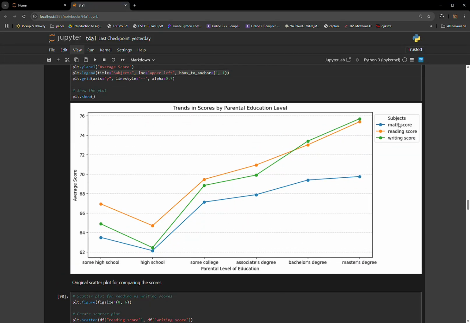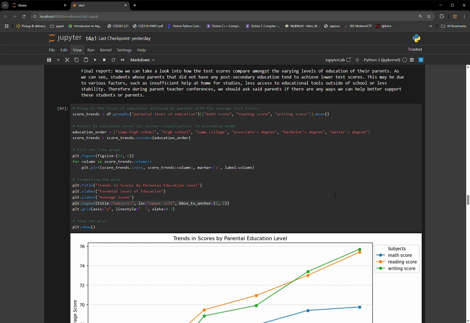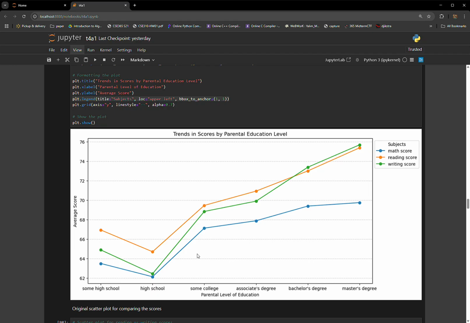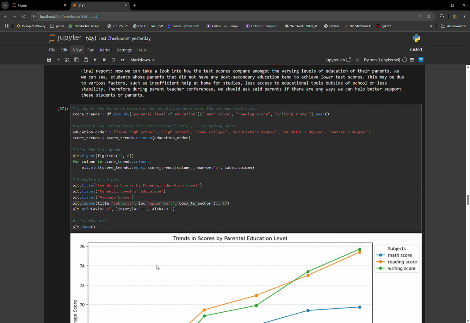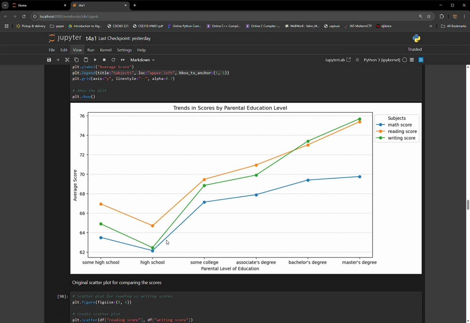And again, I moved the legend, added the grid, and then drew attention to the audience the fact that students whose parents have lower education may need further assistance due to things such as having less educational tools outside of work, insufficient help at home, mostly just less resources at home outside of school.